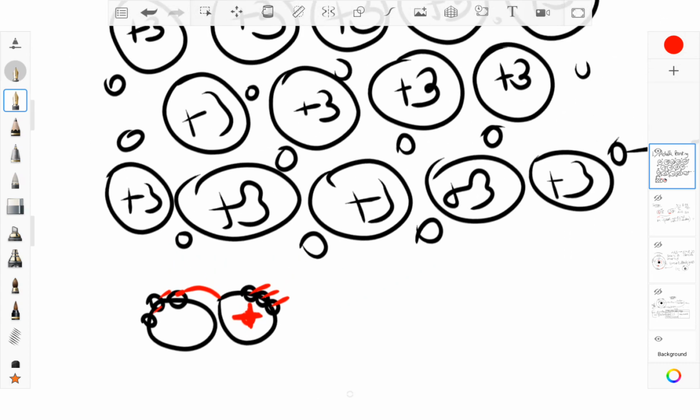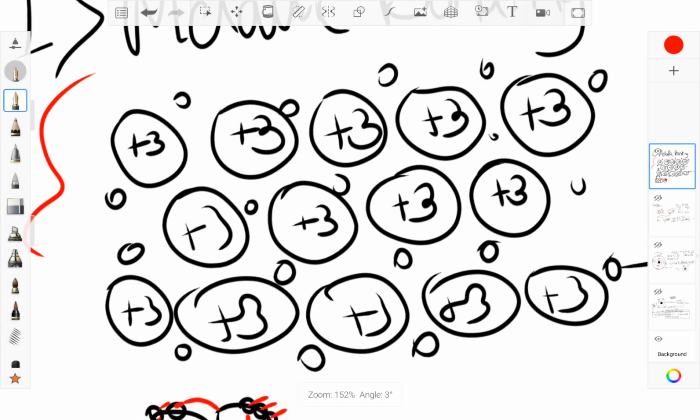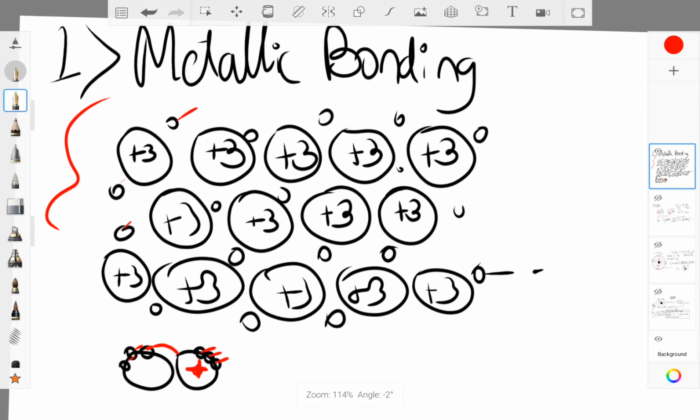And when you scale this up to a larger scale, you realize that all of these electrons are free or delocalized, which means that they're free to move about the metal cations. Speaking of the metal cations, you'll notice that they are arranged in a regular structure.